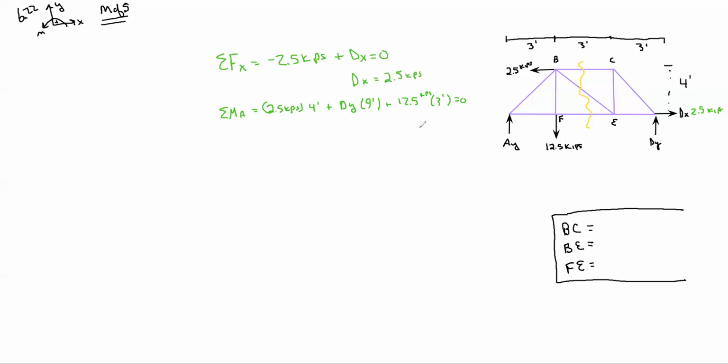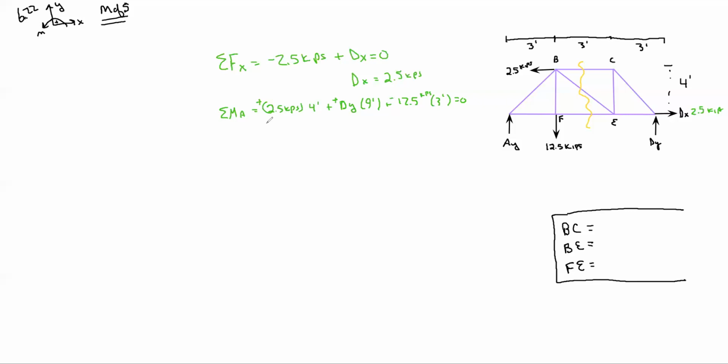We are taking the moment about point A. The external force at B will cause a counterclockwise rotation, which is positive. D will also cause a counterclockwise, which is positive. The 12.5 causes a clockwise, which is negative.